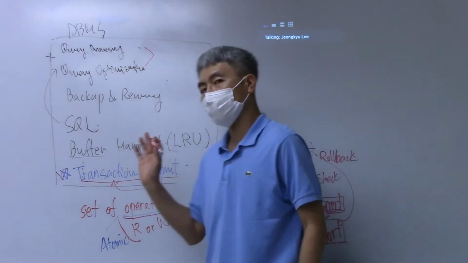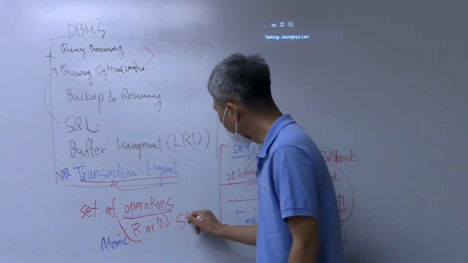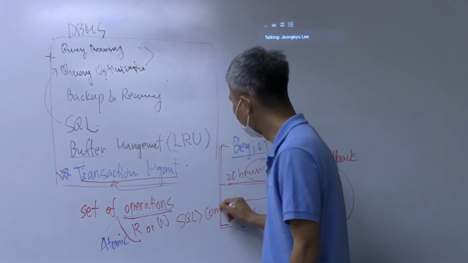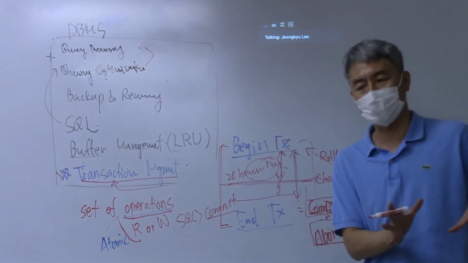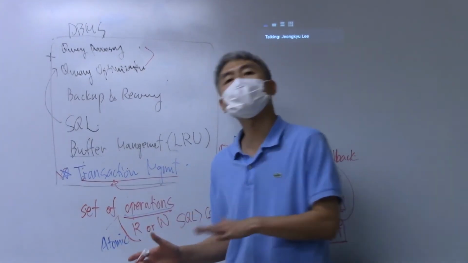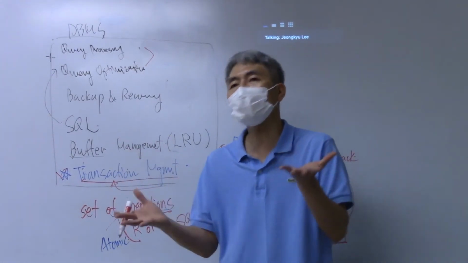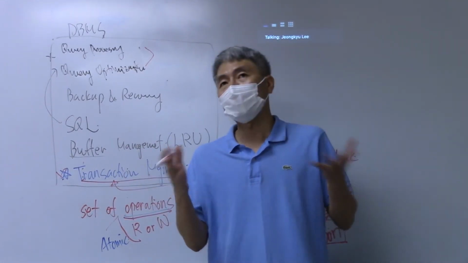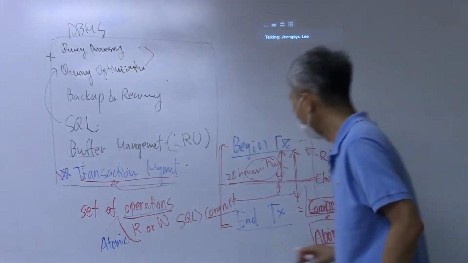When you are using a relational database in your program or using SQL, you can commit. Commit means permanently applied. If you do not commit, that means it's not applied yet. What is the difference between committed and uncommitted data?